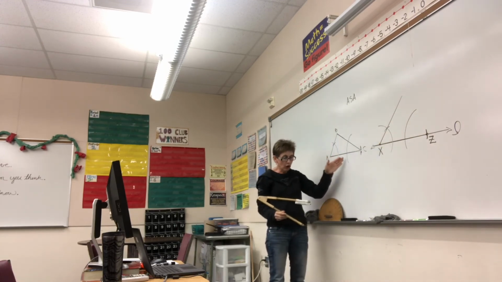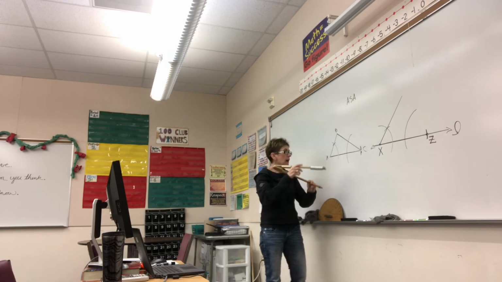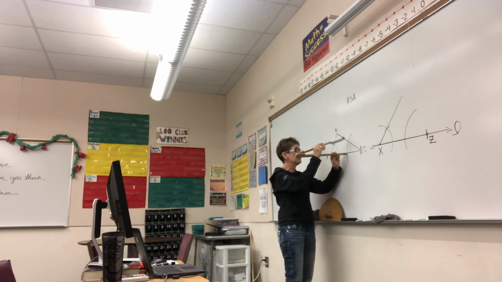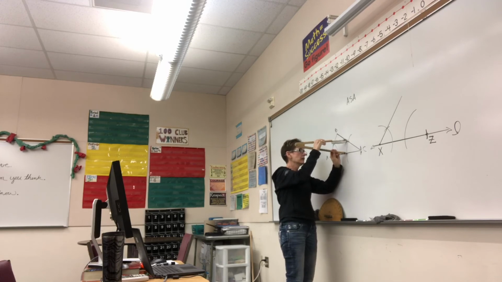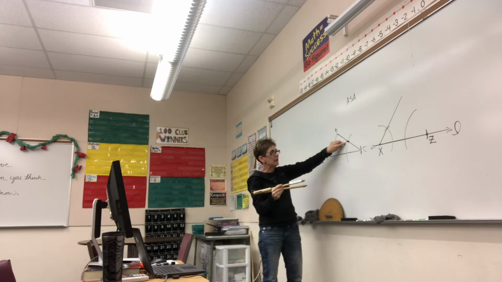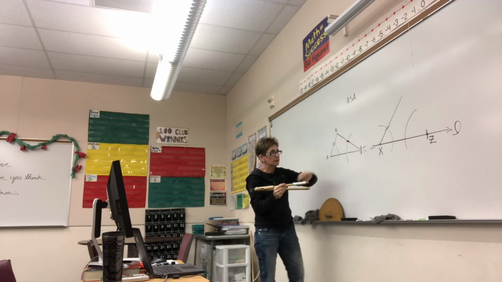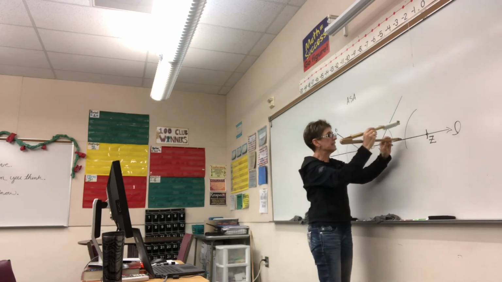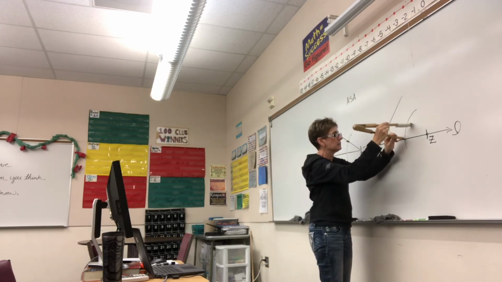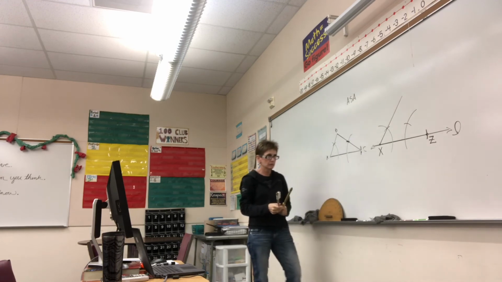Now because I'm copying angle C, I want to put my tip on the base of the triangle and then draw an arc that shows that I've measured how big that angle is. And then I want to do the same marking here on this one, measuring it also.